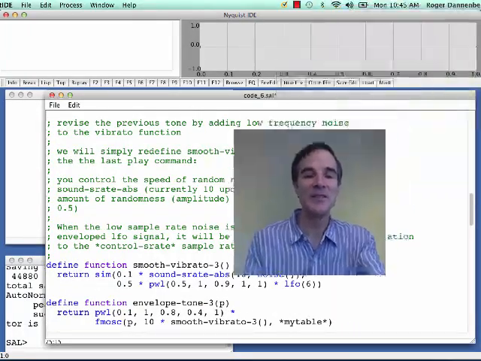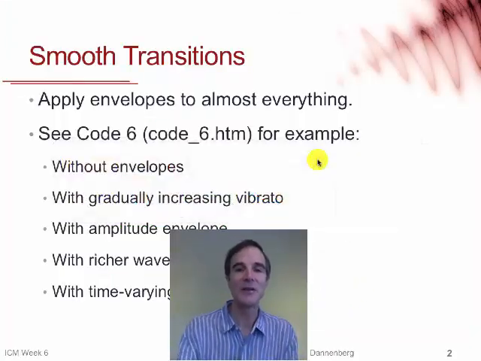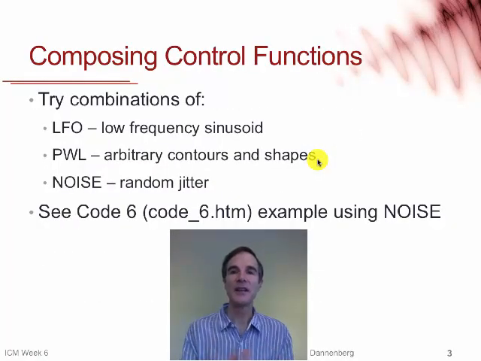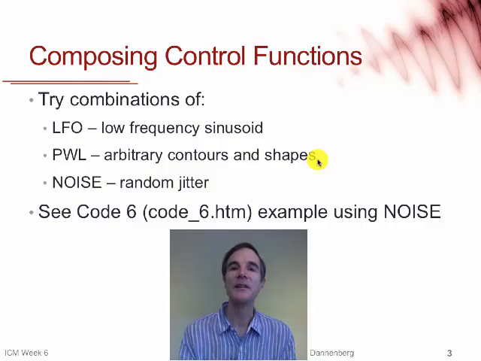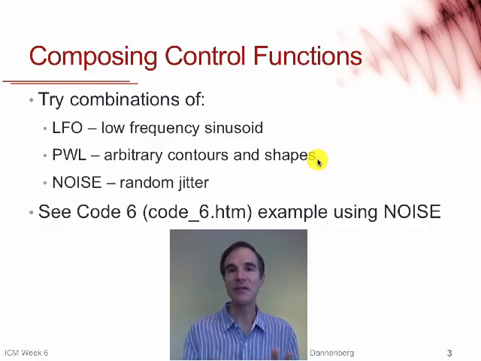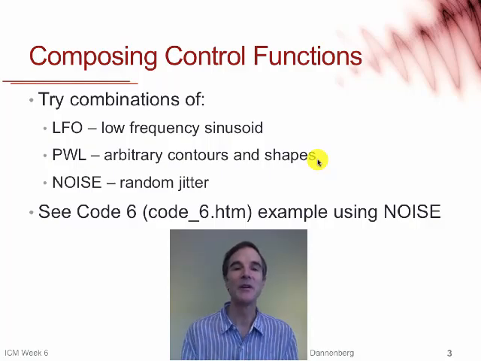All right, so let's leave things there and go back to our slides. The next thing I want to point out is that you can compose control functions and combine control functions. Just because you use LFO for vibrato doesn't mean you can't add something to that or multiply that by an envelope.